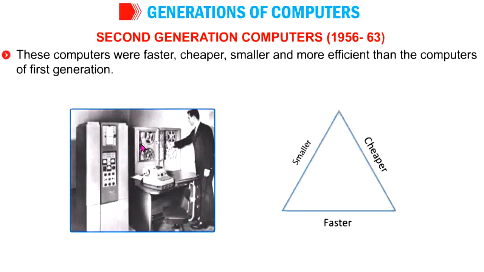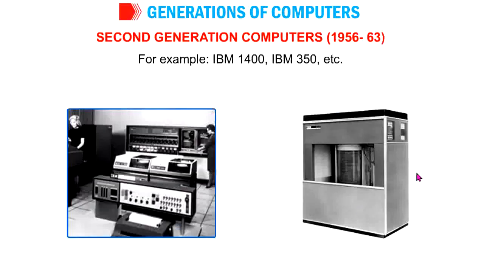See, in this one you can understand it is so faster than the first generation of computer, cheaper than, smaller than, and more efficient than the first generations. For example, IBM 1400, 1401, IBM 350, RCA 501. These are the examples of second generation of computers.